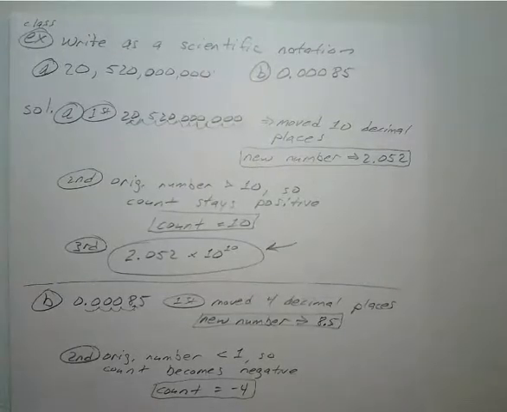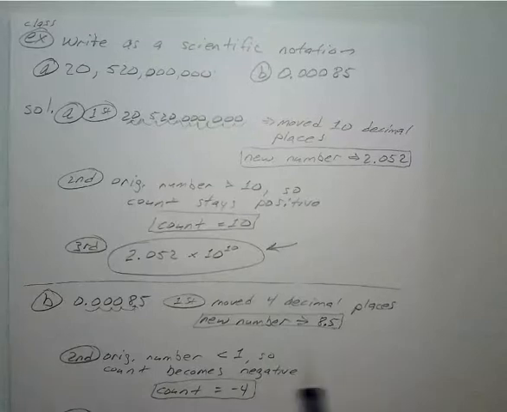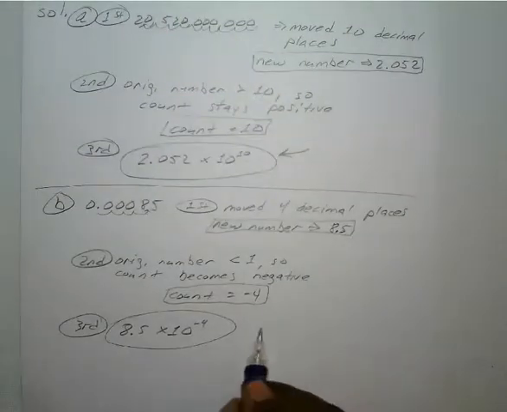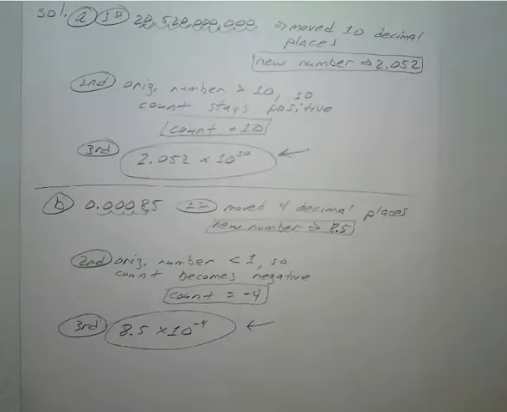Then we go to your third step, where we just combine those two. So you have 8.5 times 10 to the negative 4th power. Oh, sorry about that, looking at the paper instead of the screen. Okay, so that would be your scientific notation.